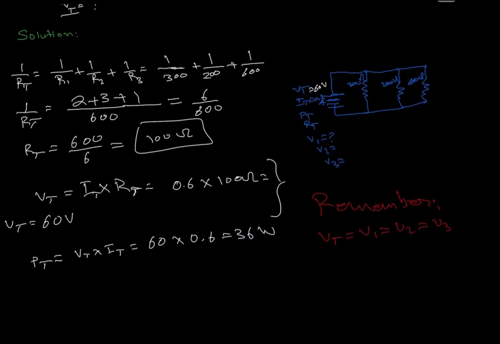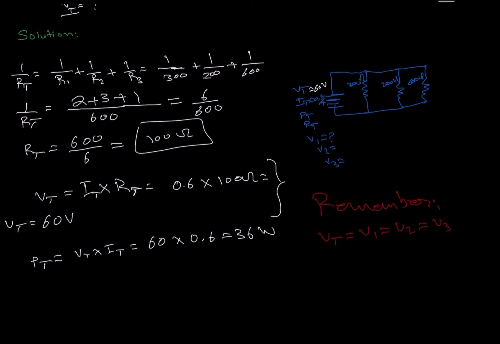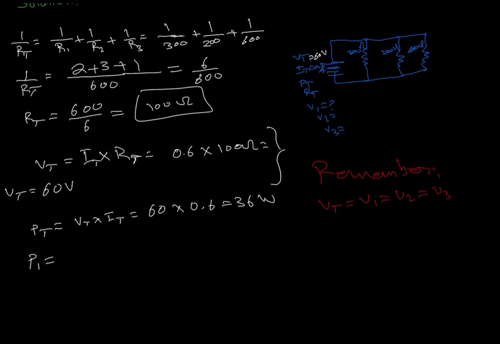That being said, now we can find P1, P2, and P3. P1 will be equal to I1 times V1. We know V1 already, but we don't know I1 because current is not the same in a parallel circuit. It has different values.